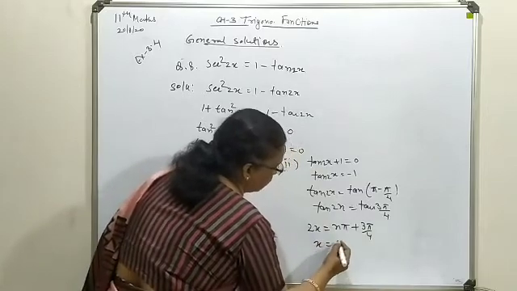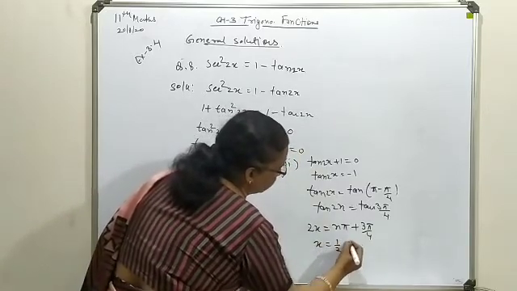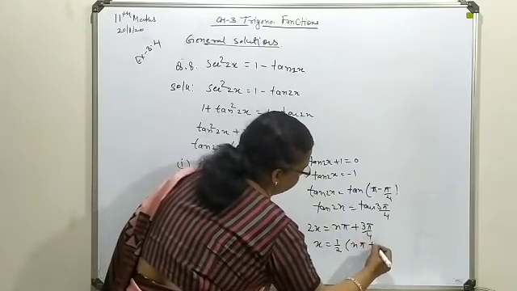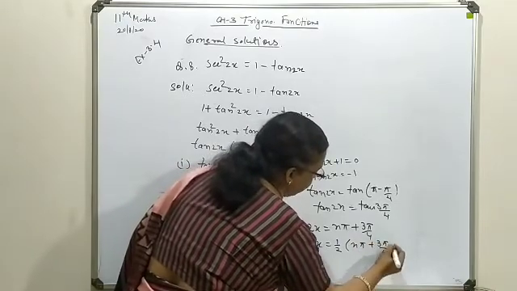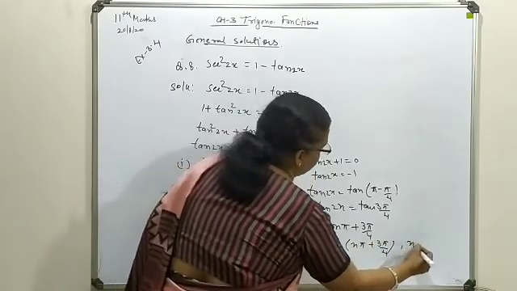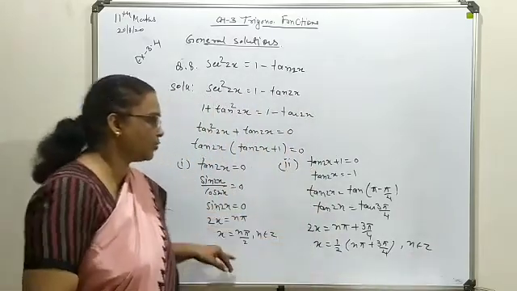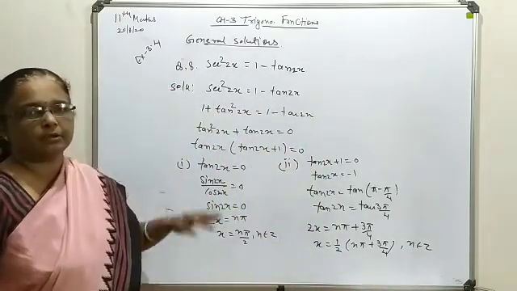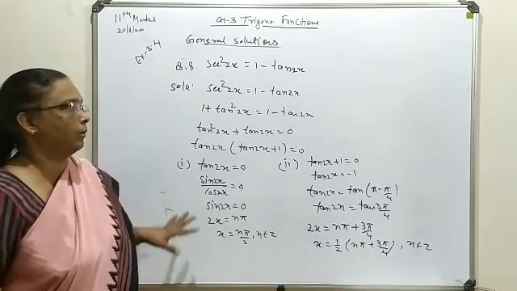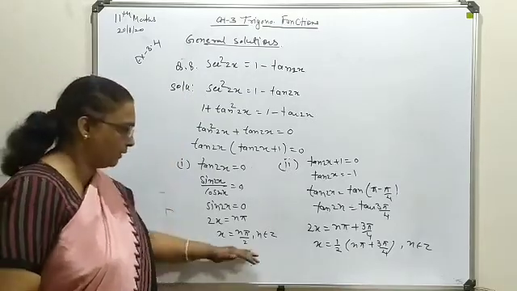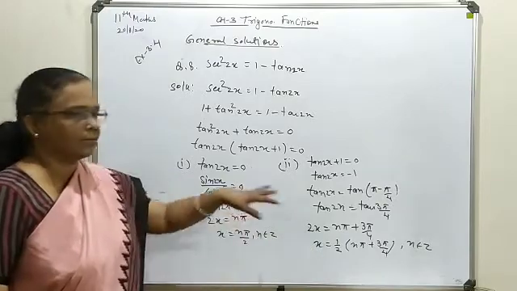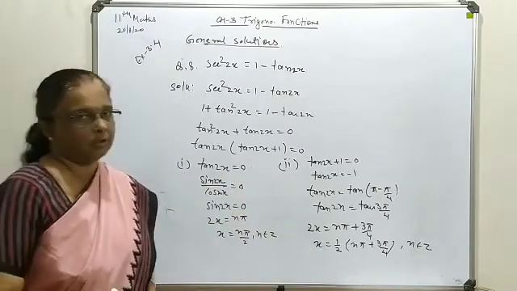Make x separate, meaning 1 upon 2 into (n pi plus 3 pi by 4). You can multiply it out, or else it can be kept. So in combined form these two will give you the general solution regarding the given trigonometric equation. Either this or this can be considered as the general solution form.